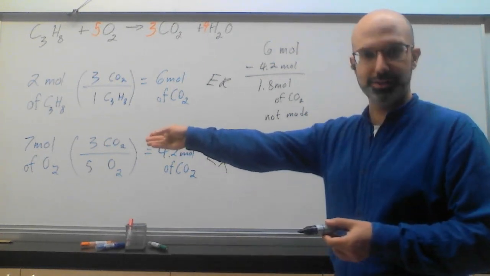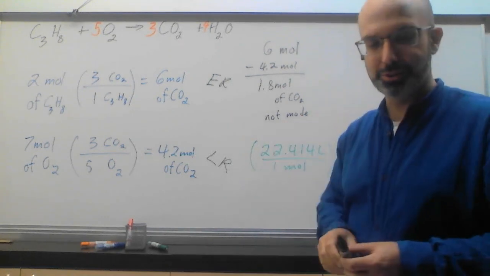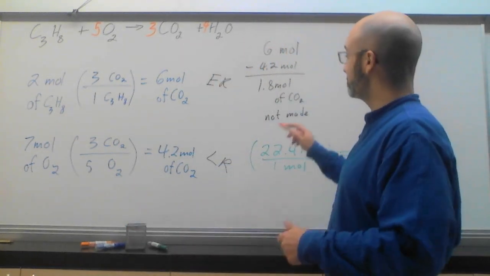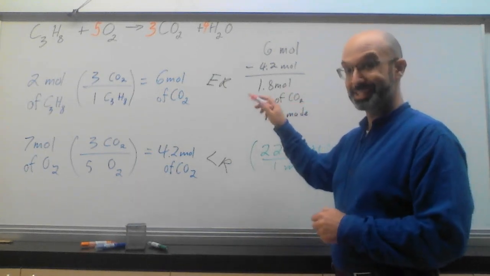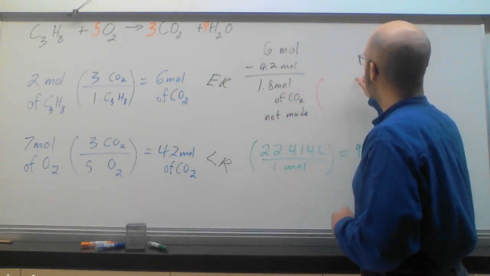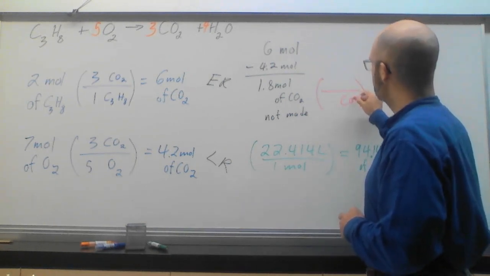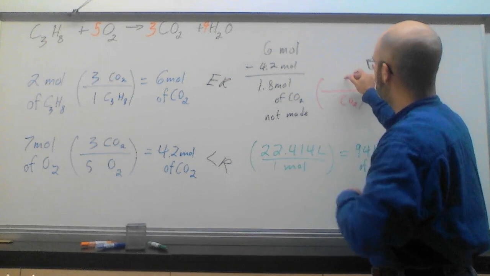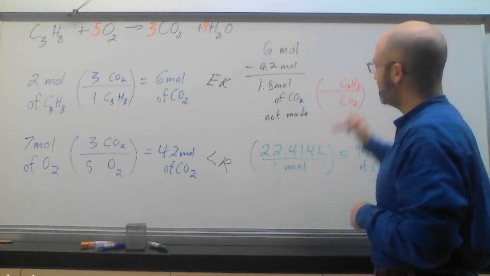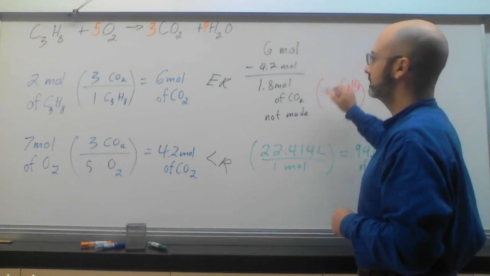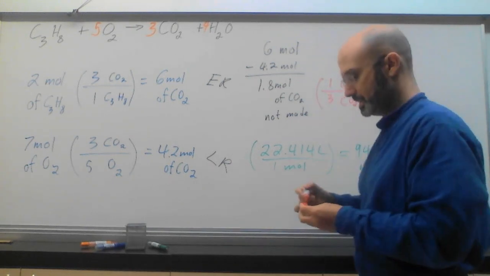out of oxygen. So now I'm going to do just a tiny little bit of stoichiometry. I'm going to transform the moles of CO2 that we didn't make into my excess reactant. So I want to turn this into my C3H8. By doing that, we're going to get 1 over 3.